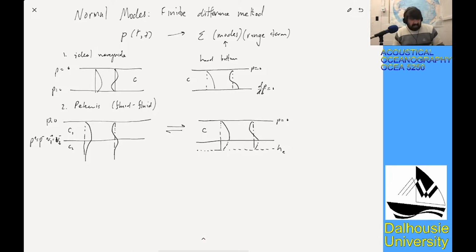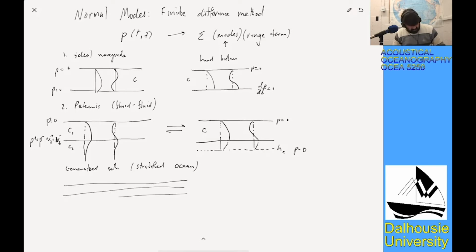And then lastly, we came up with this generalized solution. And this is for the stratified ocean, in the sense that we have these layers, z0, z1, dot, dot, dot.